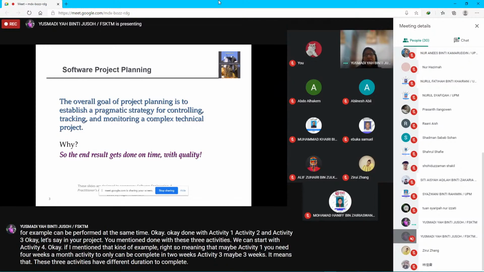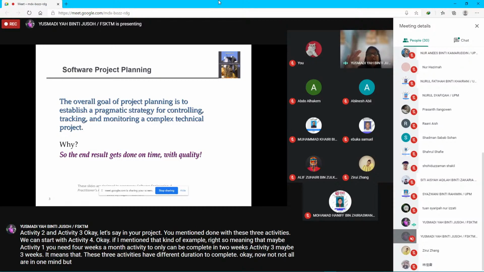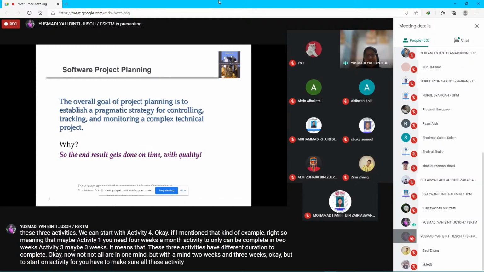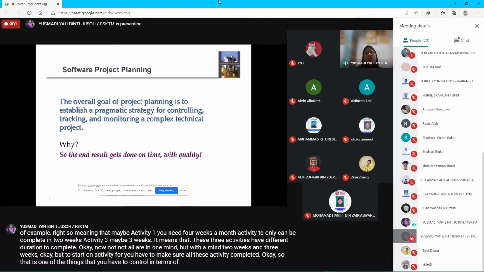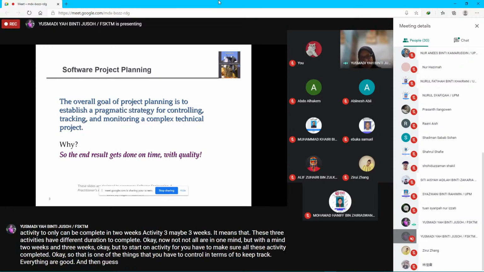Not all are in 1 month, but a month, 2 weeks, and 3 weeks. But to start on activity 4, you have to make sure all these activities are completed. So that is one of the things that you have to control, to keep track of everything well, and then you can start on activity 4.